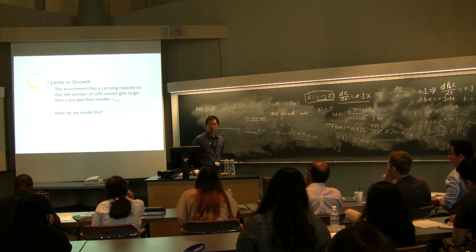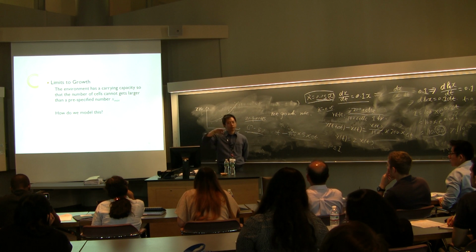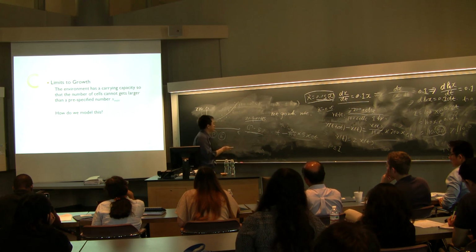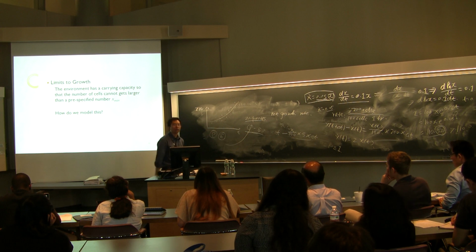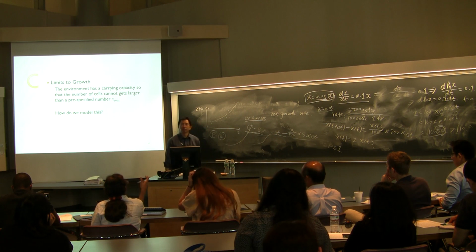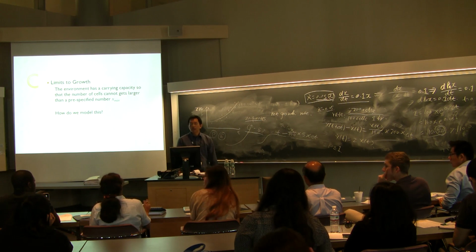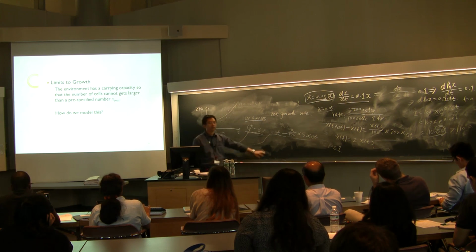If there is a limit of resources, then when the cell number reaches a certain threshold, it will stop growing and stay there, right? The pattern you will expect to see is not this exponential curve anymore. It should be a curve that grows first, then saturates, and you get a plateau. It's called the lag phase, or a steady state. There are different names for that.